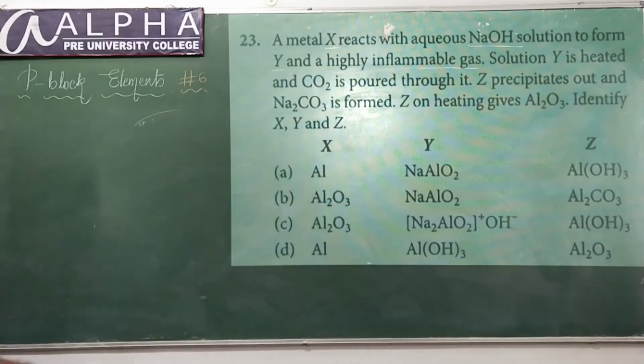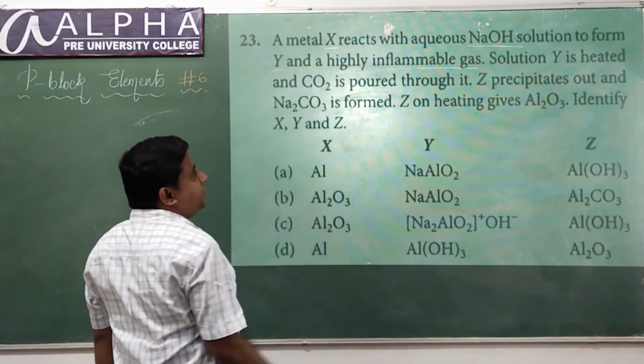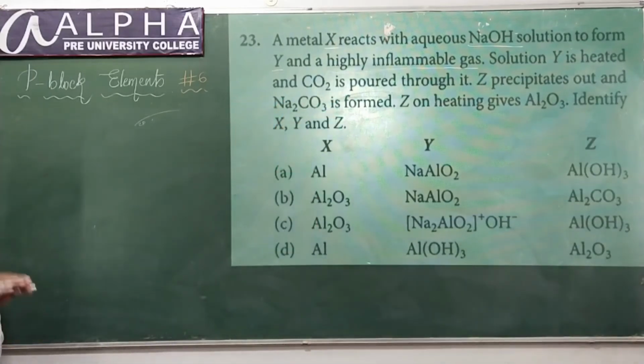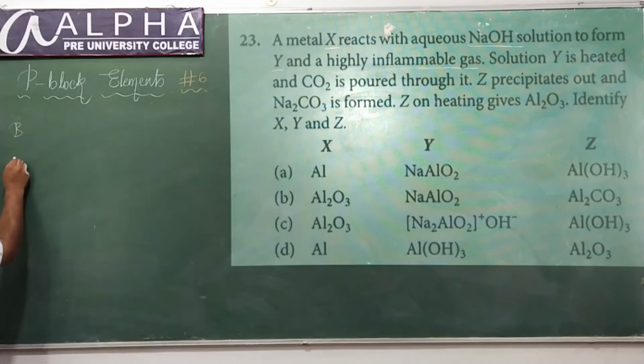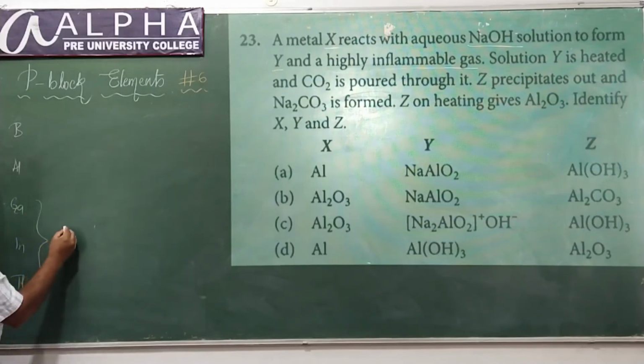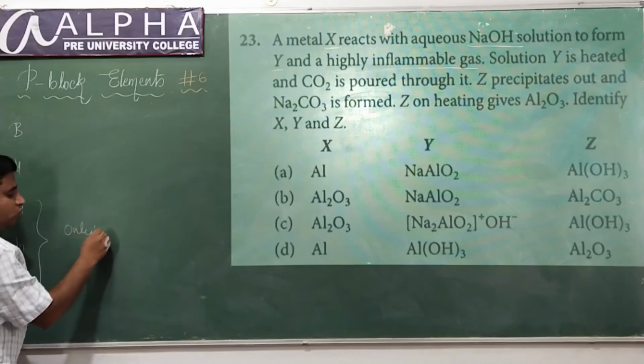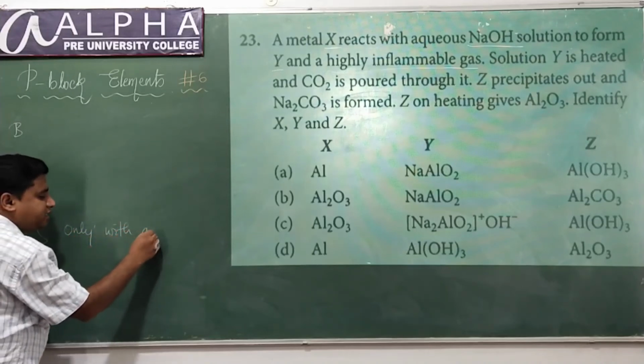So now observe this. A metal X is reacting with aqueous NaOH. When we discussed the characteristic features of the boron family, I told you: boron, aluminium, gallium, indium, and thallium. Since gallium, indium and thallium are metals, they react only with acids.